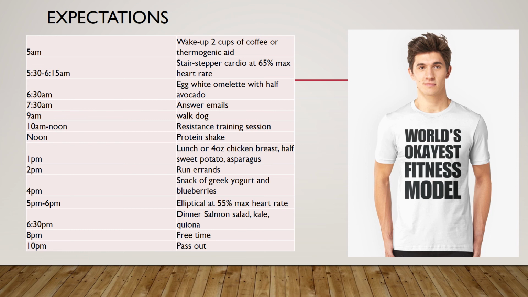Then they might do an elliptical again, then have a dinner of salmon, salad, my bad, kale and quinoa, then have free time, then pass out and repeat it all over again on a day in and day out basis.